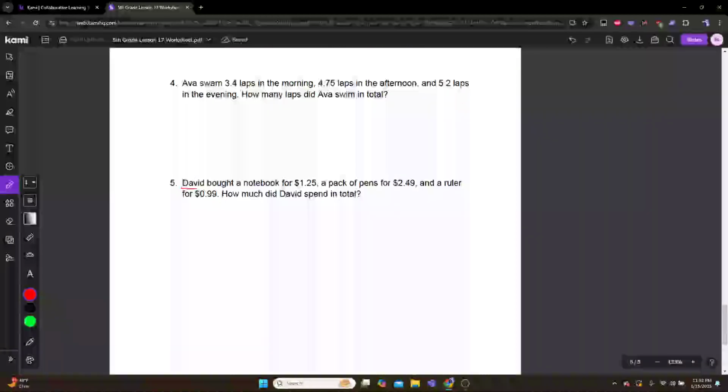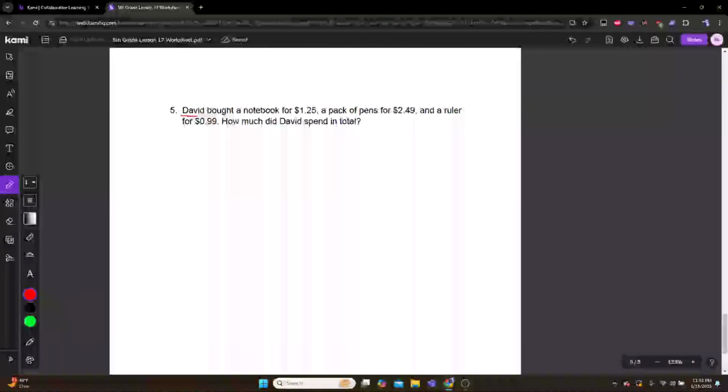Okay. Now for the last question. David bought a notebook for $1.25, a pack of pens for $2.49, and a ruler for 99 cents. So we're trying to find out how much he spent in total. So we would add up all the items. So the notebook was $1.25, the pack of pens was $2.49, and the ruler was 99 cents.